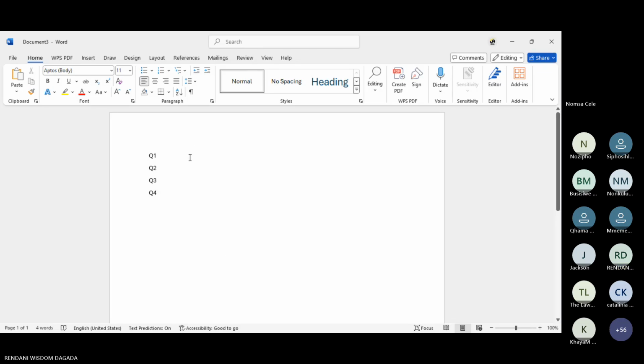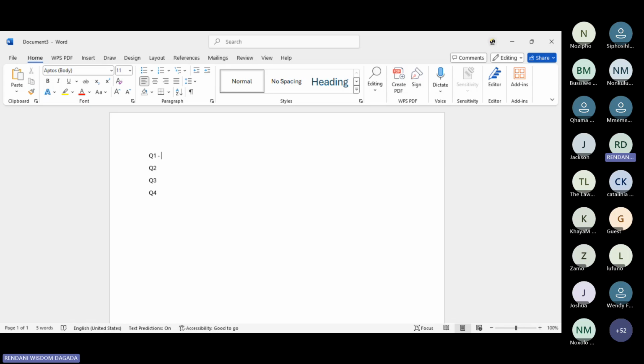Anyone? Those transactions that are in question 1, if you did this paper, you will know. What is the main cover of question 1? Just answer. The quicker you answer, the quicker we can get done here.